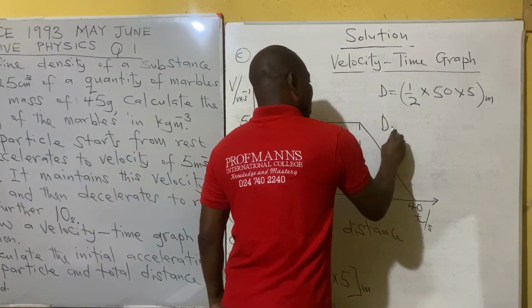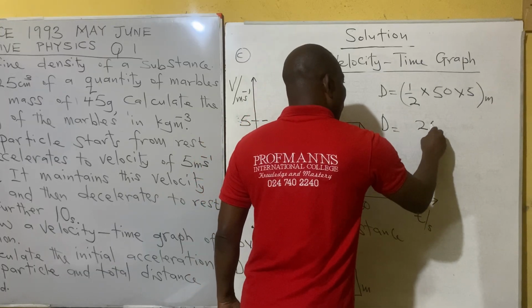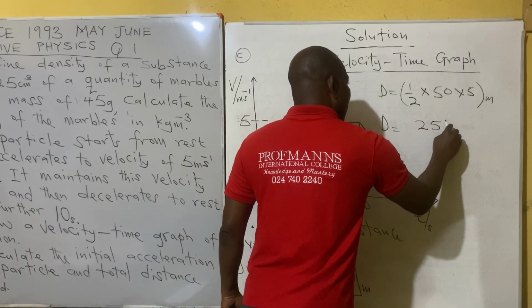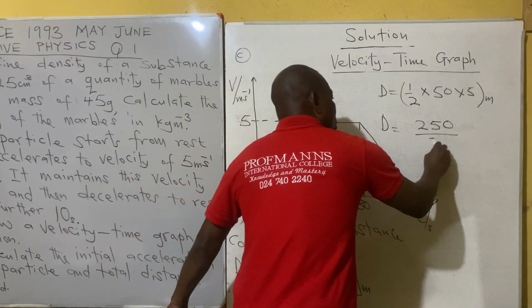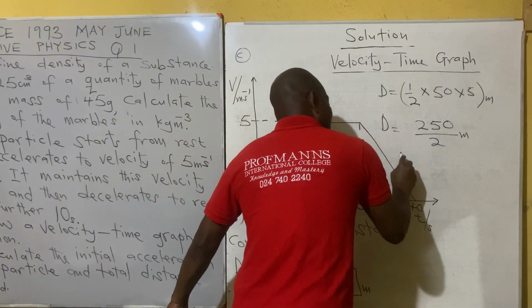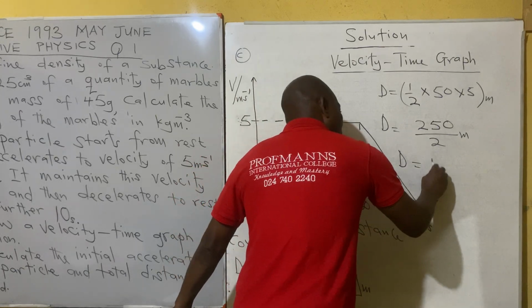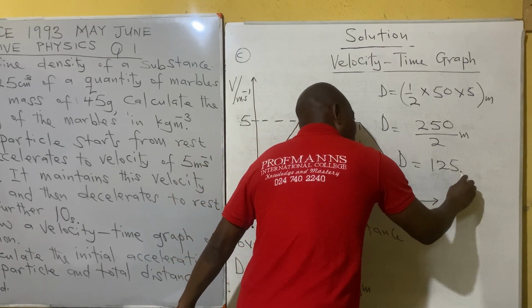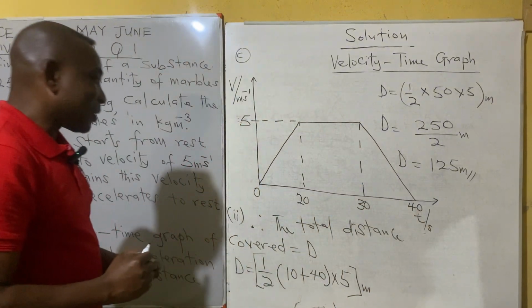So D is equal to 250 over 2 meters. When we divide by 2, it gives us 125 meters. So the total distance covered by the particle is 125 meters.